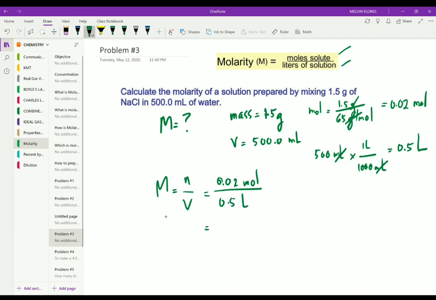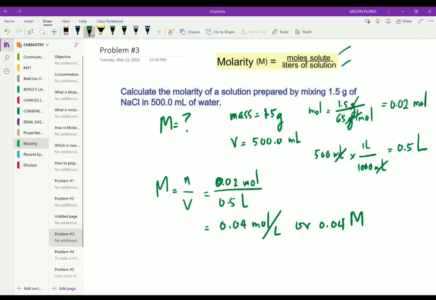That's going to give you 0.04 mole per liter, or 0.04 molarity, because molarity means moles per liter of solution.